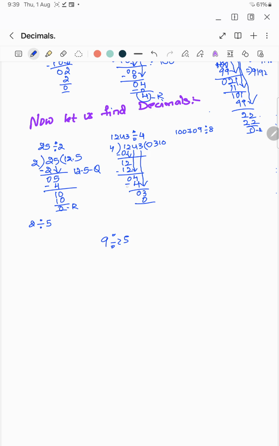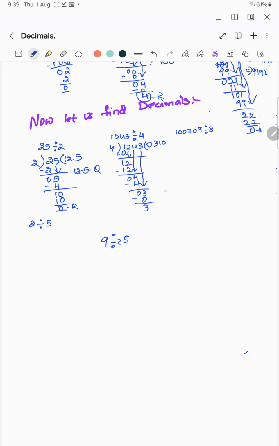Now 3 minus 0 is 3. We got the remainder 3, because there are no numbers to carry down from here. We don't want a remainder, and we have to find the decimal here.